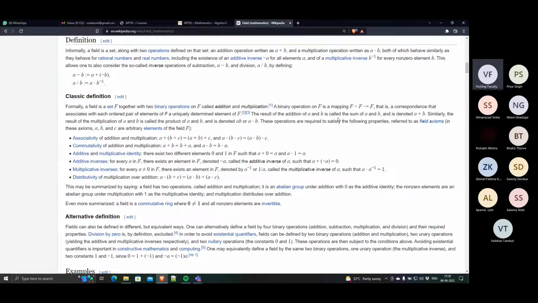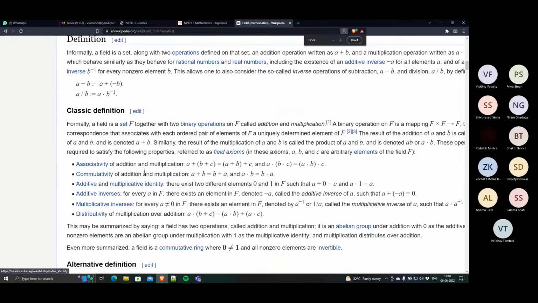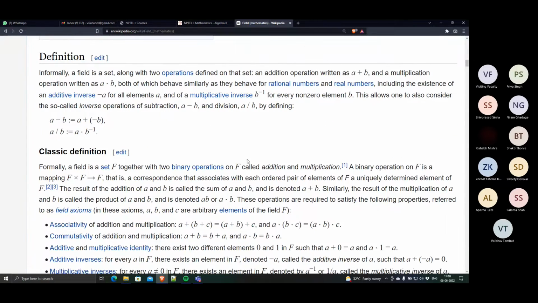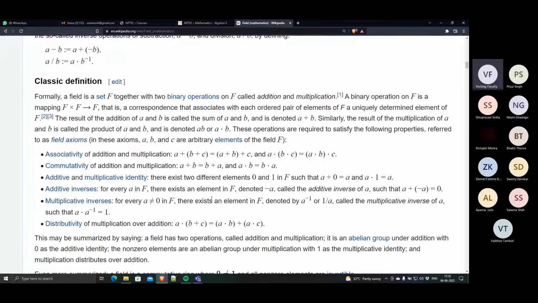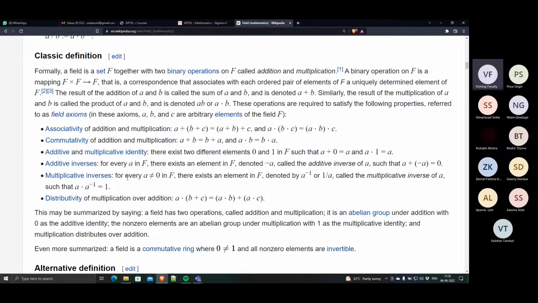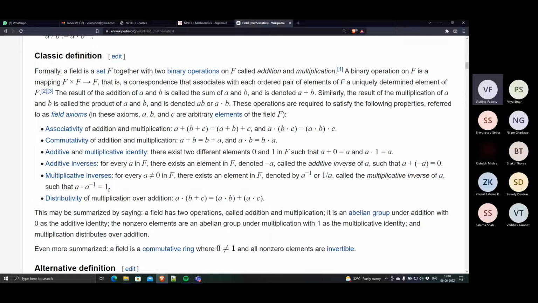So in general, it's not true. But whenever a commutative ring with unity is such that all non-zero elements have an inverse, which we denote by a inverse or 1 by a, such that a dot a inverse equals 1, and a inverse dot a is also equal to 1, which comes from commutativity, then we call it a field.